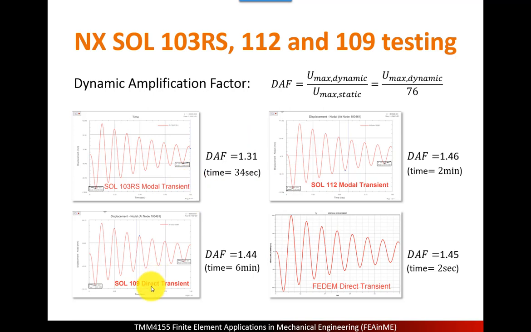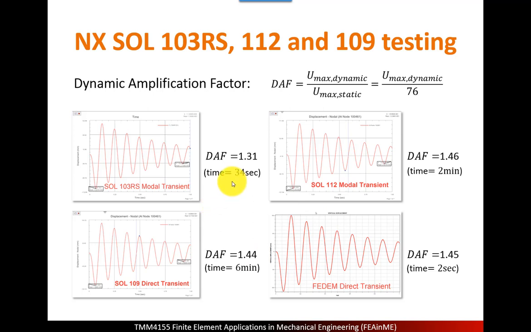Then the direct solver SOL109 gave me a dynamic amplification factor of 1.44, which is very similar to SOL112, the modal solutions. Then FEDEM gave me a dynamic amplification factor of 1.45, which is quite identical to these two solvers.